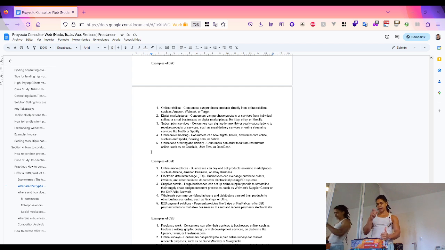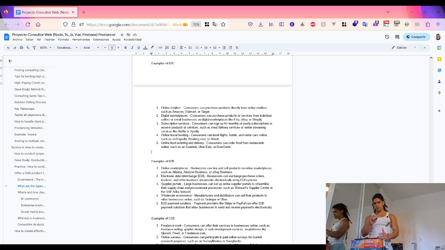Online retailers like Amazon, Walmart, Target, digital marketplaces like eBay, Etsy, where consumers purchase goods or services directly from small businesses or individuals. Subscription services like Netflix or Spotify, where consumers can sign up monthly or yearly for delivery service or online streaming.